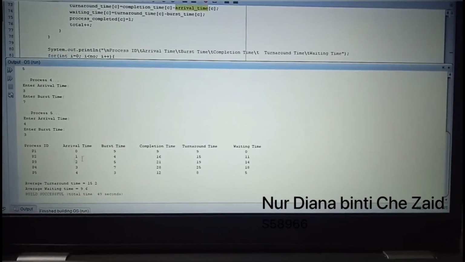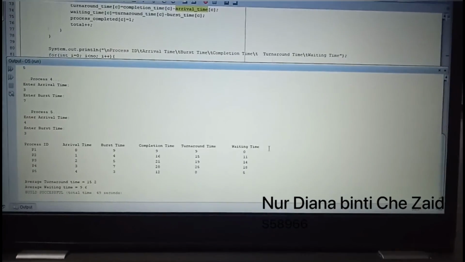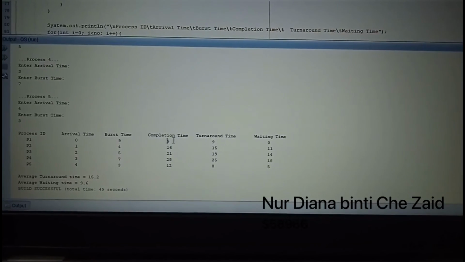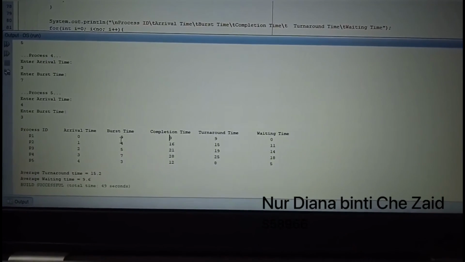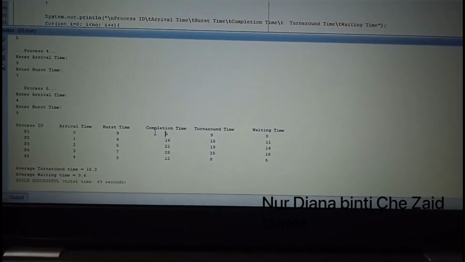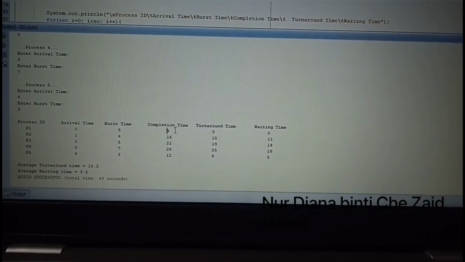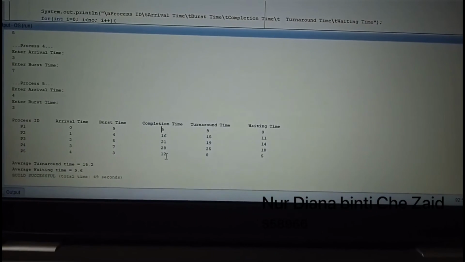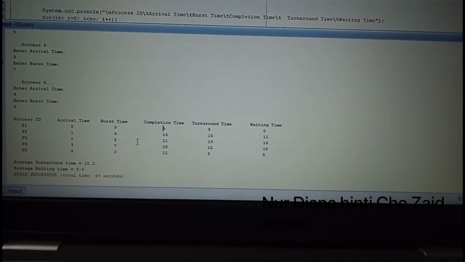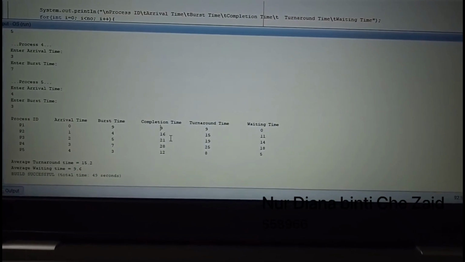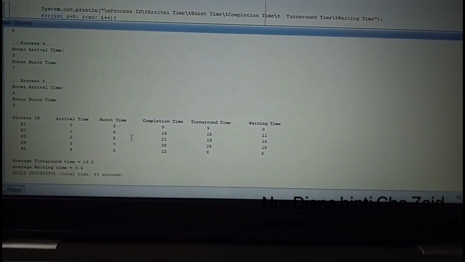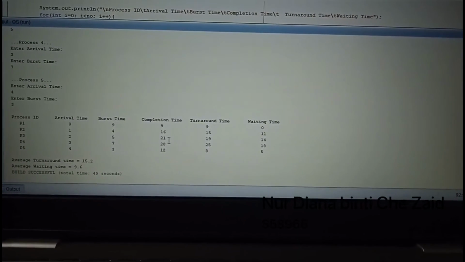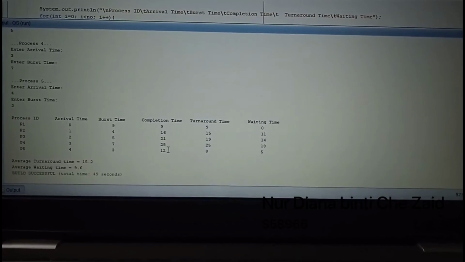So here is the output. For the completion time, we add the burst time to the previous completion time. First completion time is 9, second completion time 9 plus 3 is 12, and third completion time is 12 plus 4 is 16. Next is 16 plus 5 is 21, 21 plus 7 is 28.